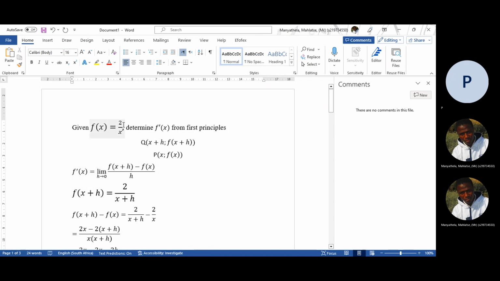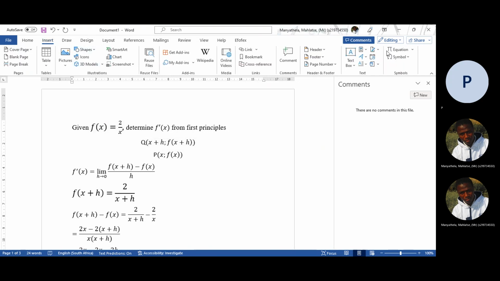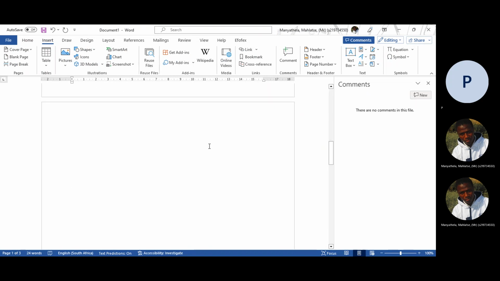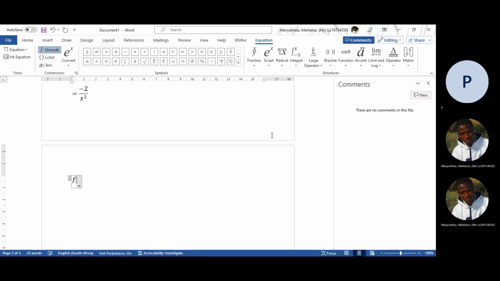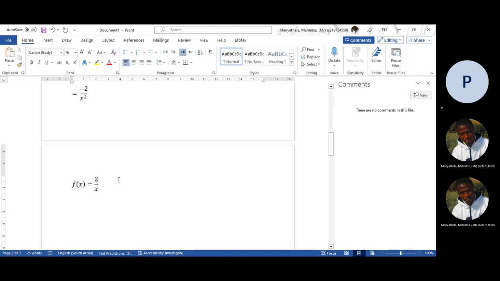If you are going to use the rules of differentiation to derive this function, for example, you are given f of x equal to 2 over x, and they're saying derive this using rules, not from first principles.